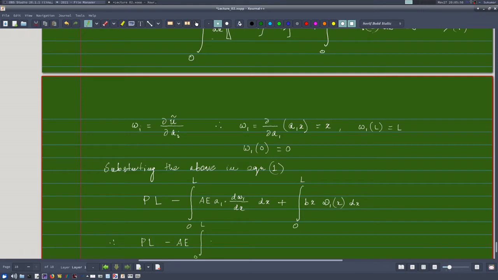So 0 to L a1 into 1 into dx, plus the integration of 0 to L bx into w1, w1 is x, so I have another x here into dx, and this is of course 0.